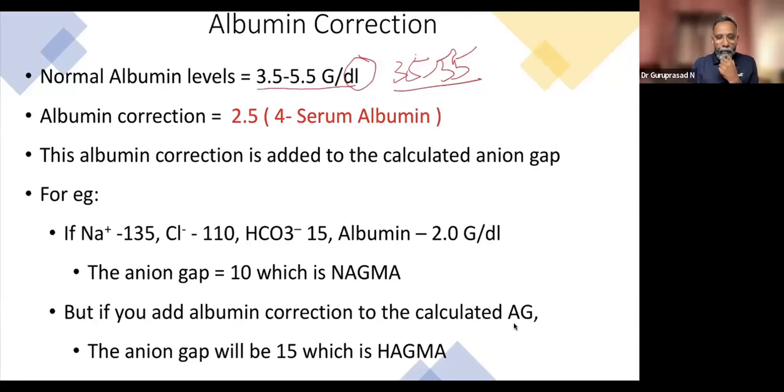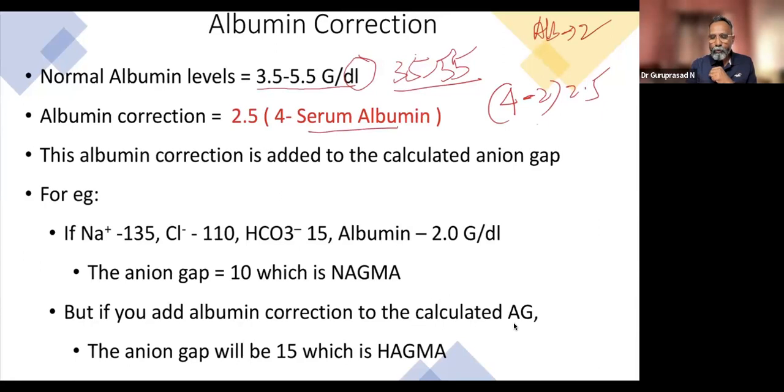So how do you do an albumin correction? For calculation purposes, we take the albumin as 4, then the given albumin, if in a particular example the given albumin is 2. So this is 4 minus 2, and for every gram, you have to multiply it by 2.5.